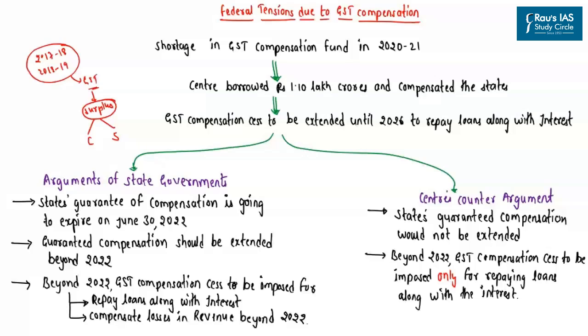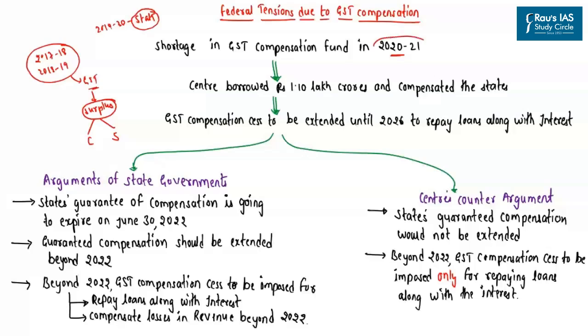The problem actually started from the year 2019-20, wherein the amount that we collected in the GST compensation fund was lower than the compensation amount which was to be paid to the state government. Now, for example, if you see for the financial year 2020-21, the amount that we collected in the GST compensation fund was lower than the amount that we had to pay to the state government for their loss in their tax revenue.